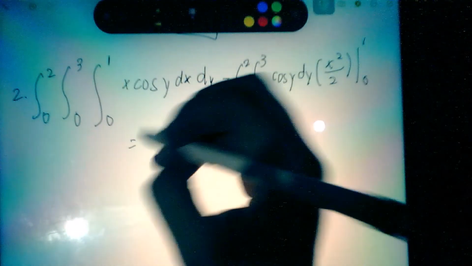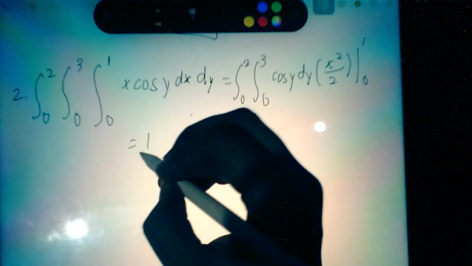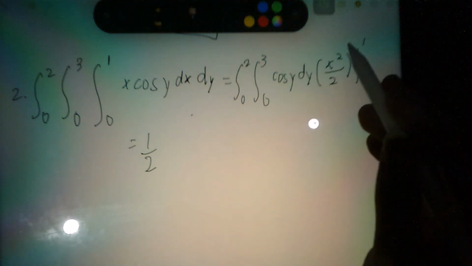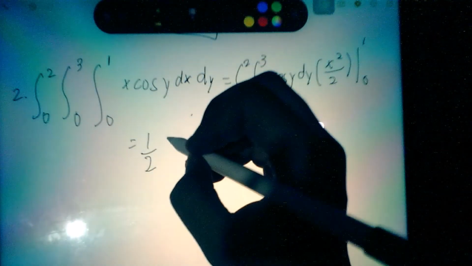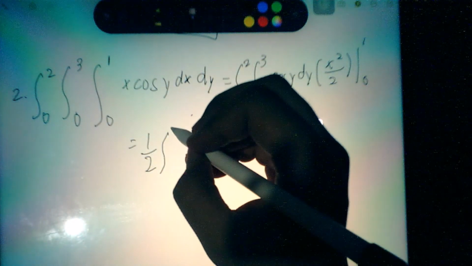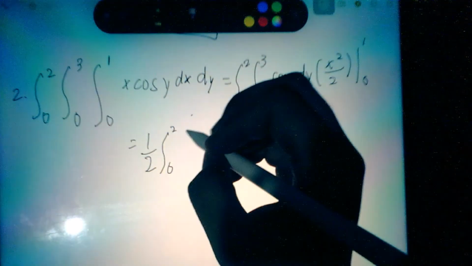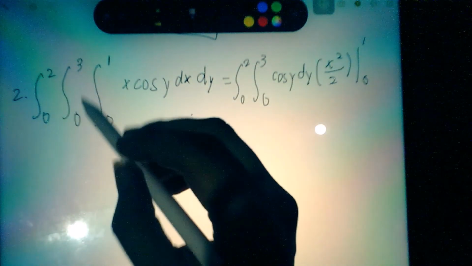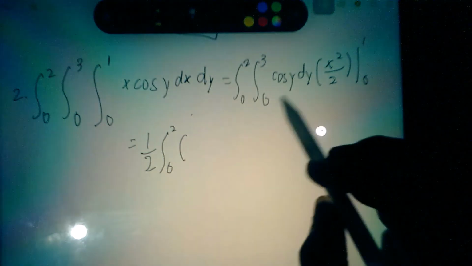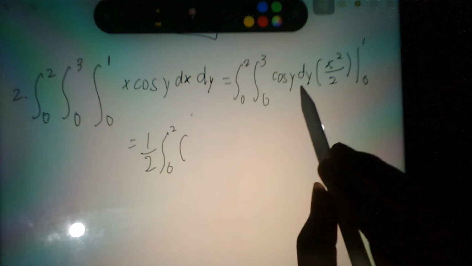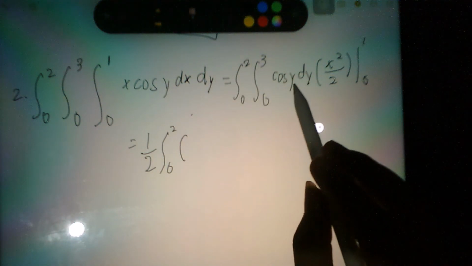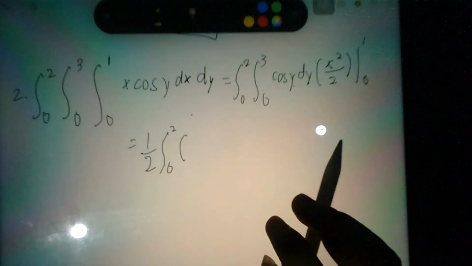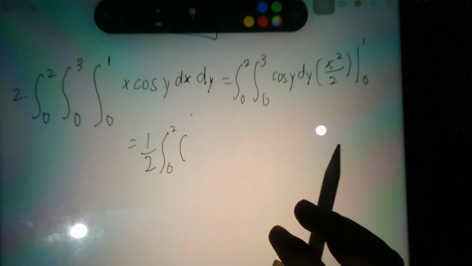So substituting 1 here, 1 raised to 2 is just 1/2, times the integral of cosine y dy from 0 to 3.